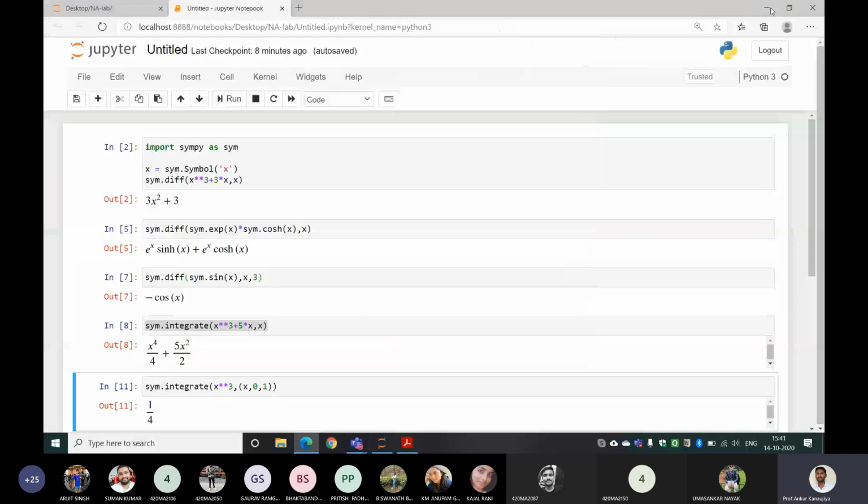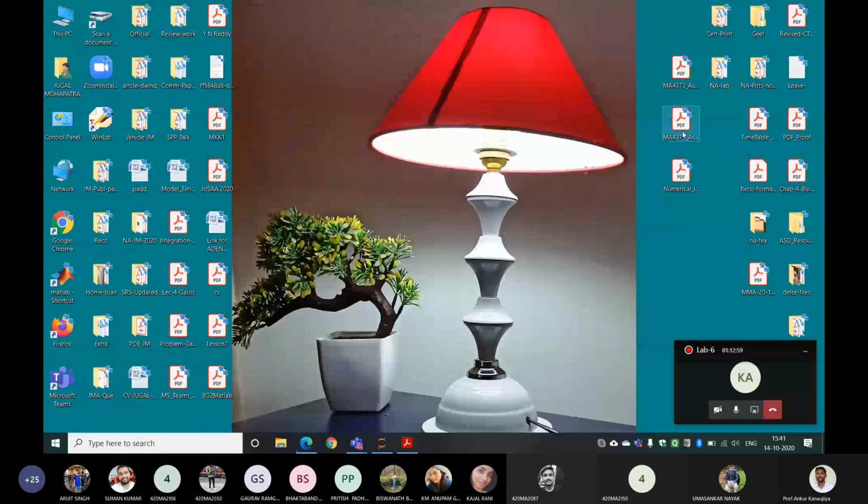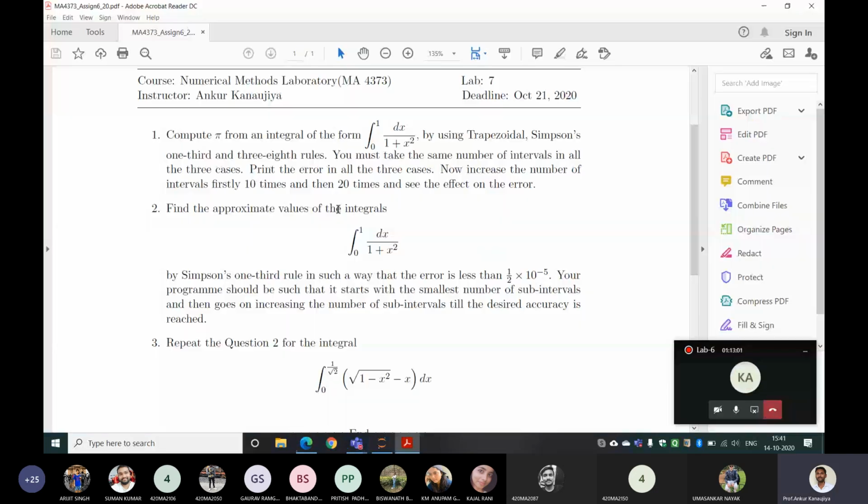So we'll do all the coding here. It's very easy. In that exercise, you have to compute the value of pi by using this integration. See, one question can be like that. You have to evaluate this integral. Can you calculate manually what is the value of this integration without doing the Simpson trapezoidal?